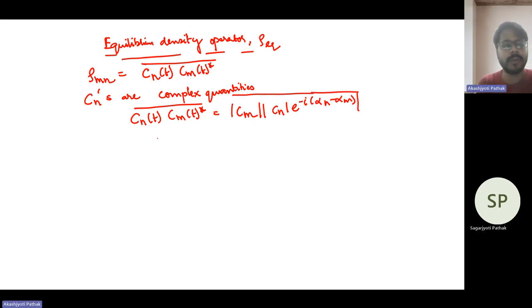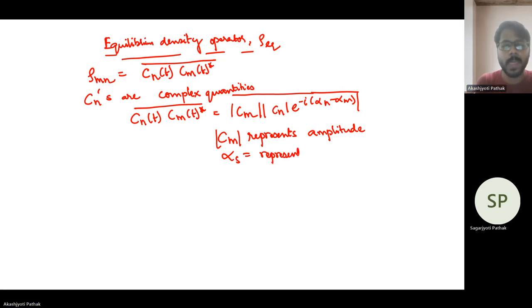Now, what do these alphas represent? These cm represent the amplitudes, and these alphas, alpha m and alpha n, represent the phases.